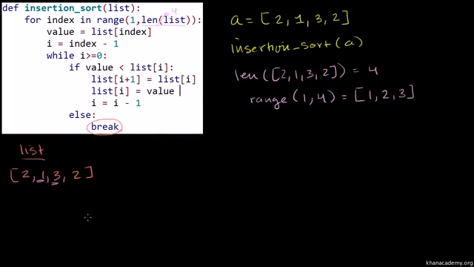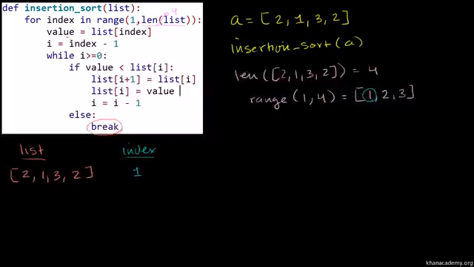So let me just create our variable index, whose scope is inside of the for loop. So let's say we have index. Index is going to start off being the first item in this list right here, the list generated by range 1, comma, len of list. So index is going to start off being 1.